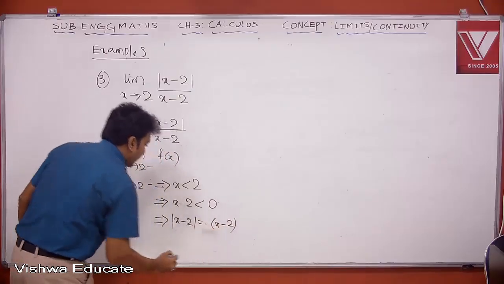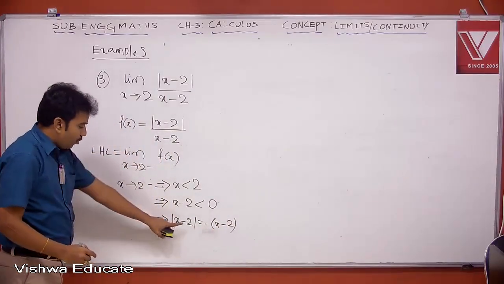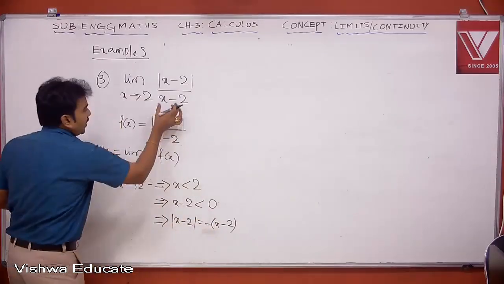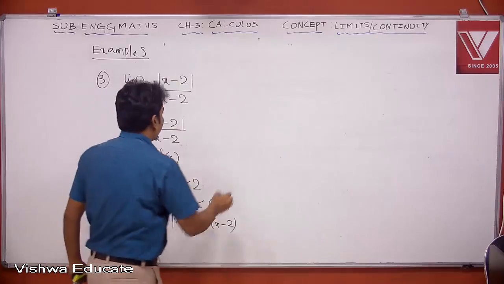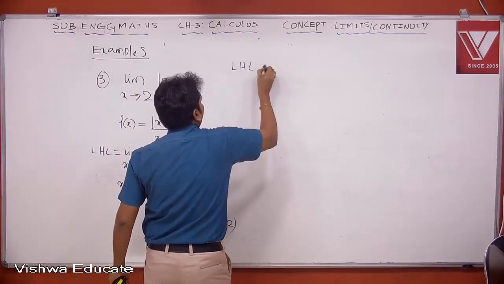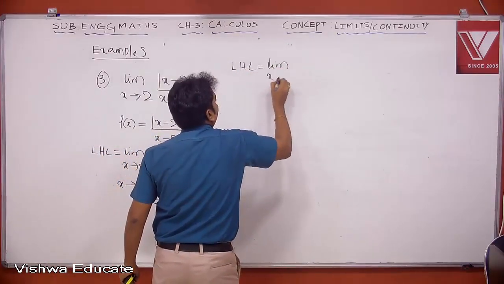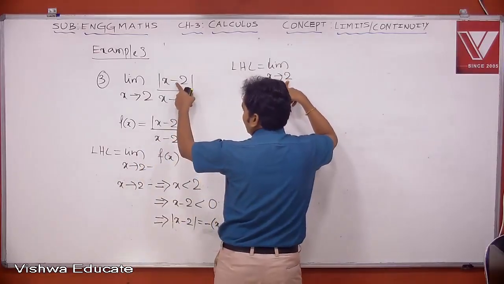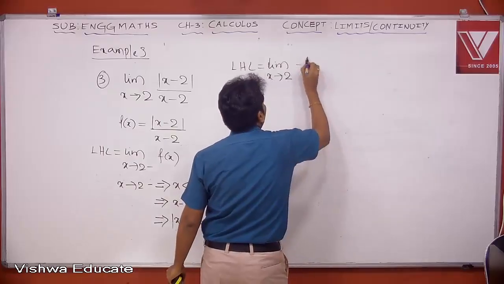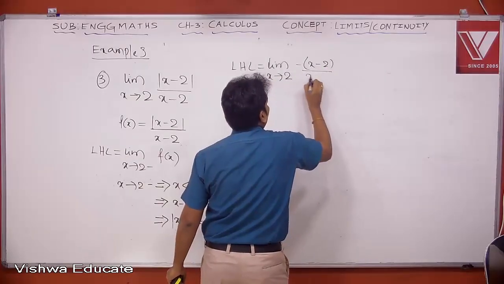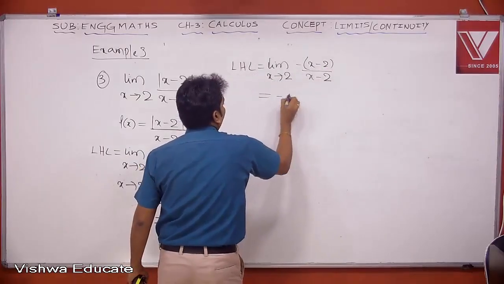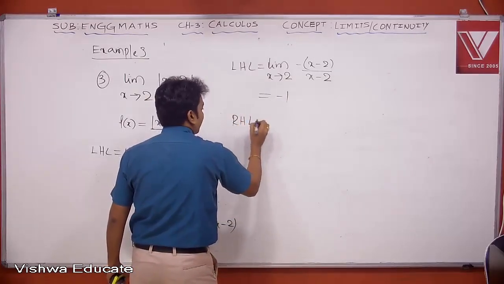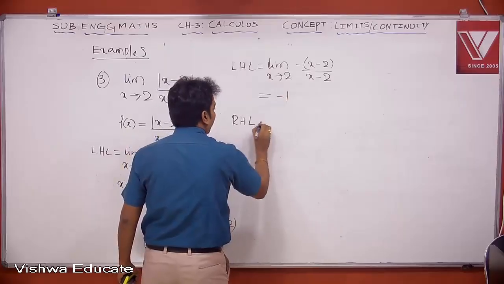Therefore the function is simplified: mod x minus 2 is minus of x minus 2. The denominator is anyhow simplified. So LHL equals limit as x tends to 2 of minus of x minus 2 by x minus 2. Now this value is minus 1. It is a finite number, so to get confirmation we need to calculate RHL also.